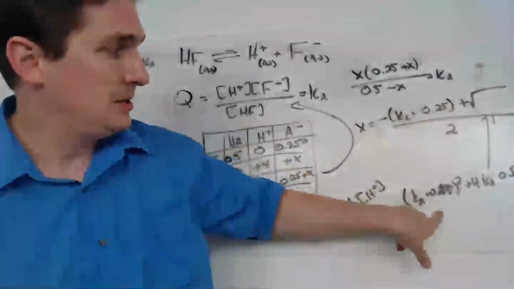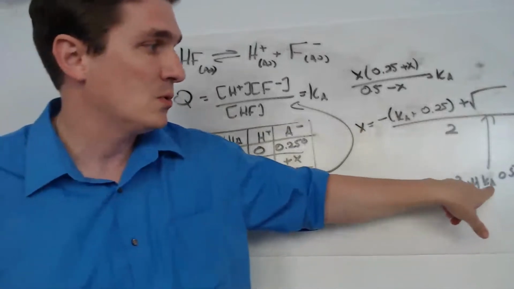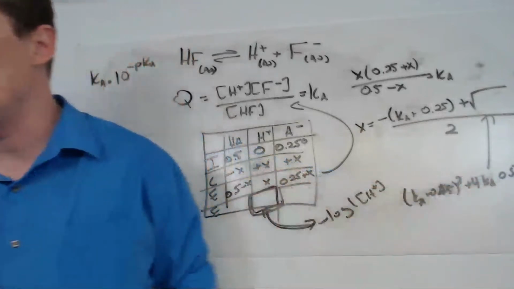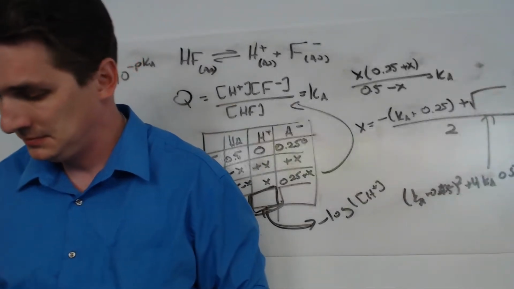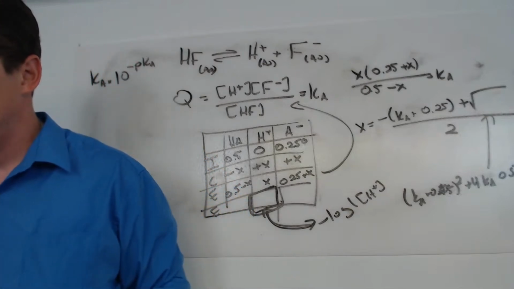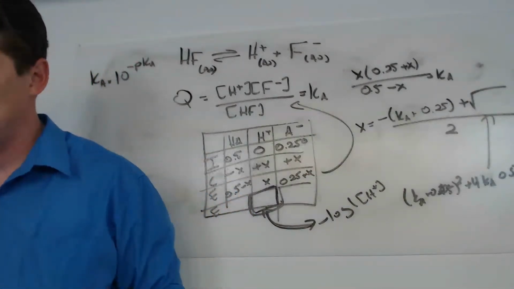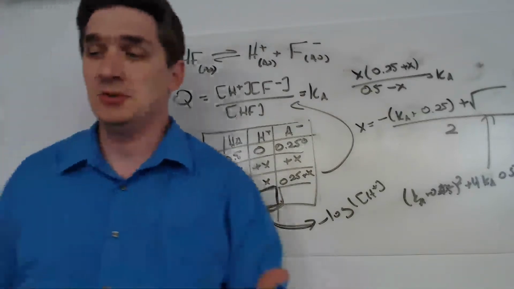There is a lot written underneath here. So it's K plus 0.25 quantity squared plus 4 Ka times the starting concentration 0.5. Actually, if you go into the notes, I give you a generalized solution for this.